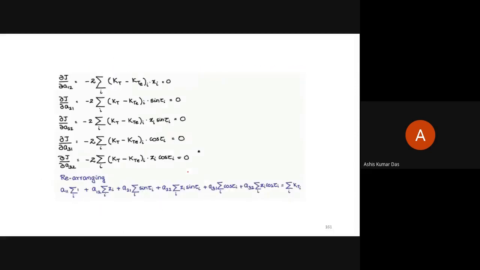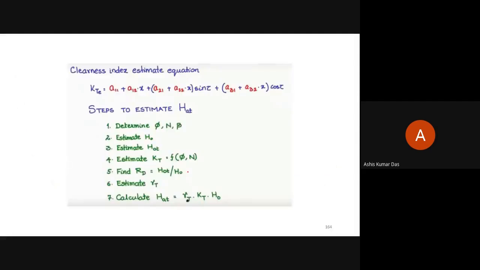When we estimate the clearness index, that estimate can be put into the equation, and we can easily find the value of HAT. This is our ultimate aim, to find the daily incident energy on a flat plate. It is a tilted condition with the atmospheric effect that we are considering.